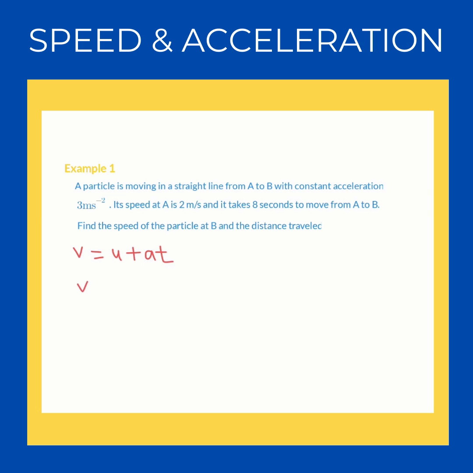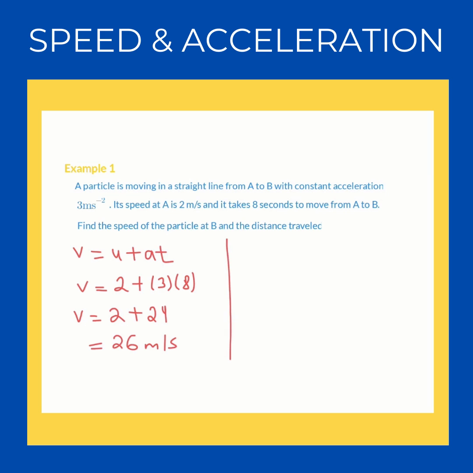So v is equal to the initial velocity, which is 2 meters per second, plus the acceleration, which is 3 meters per second squared, times the time, which is 8 seconds. So v is equal to 2 plus 3 times 8, which is 24. So the final speed is equal to 26 meters per second.